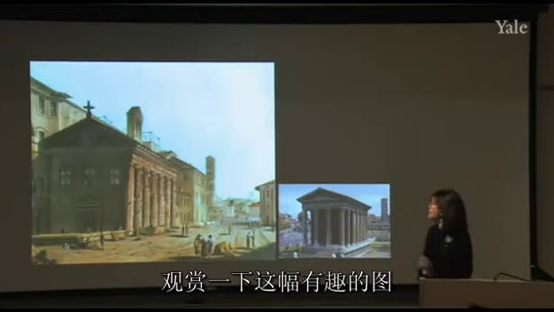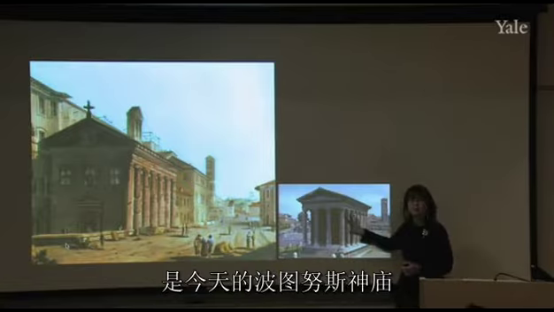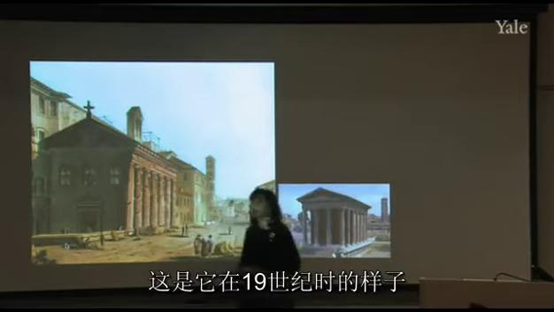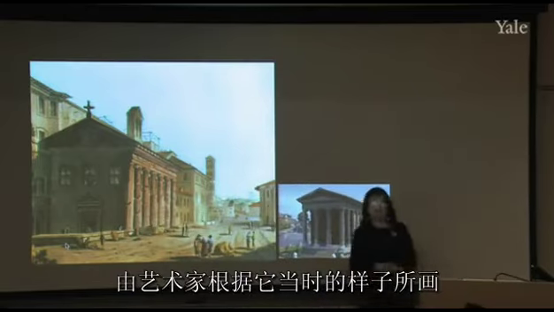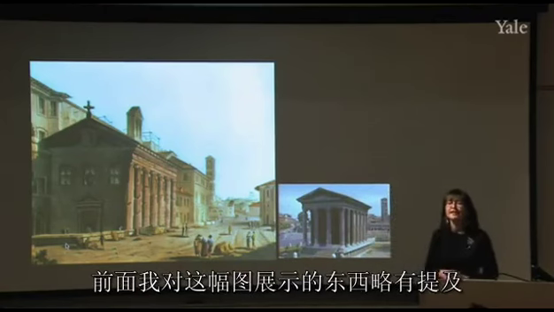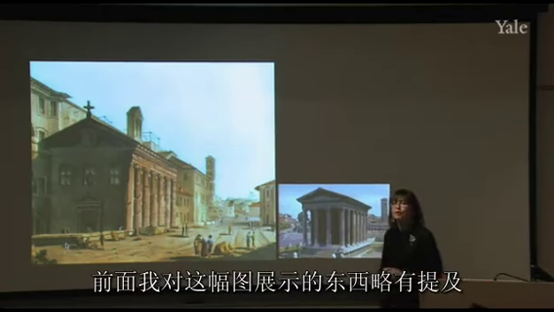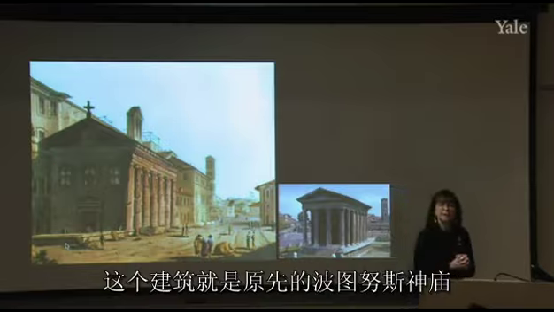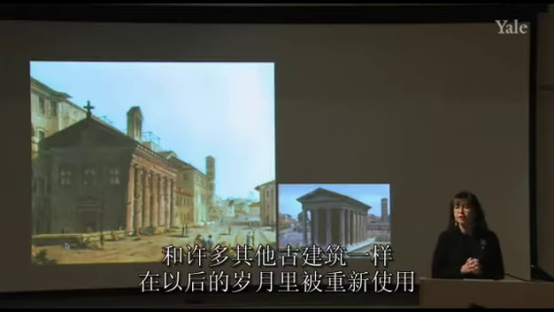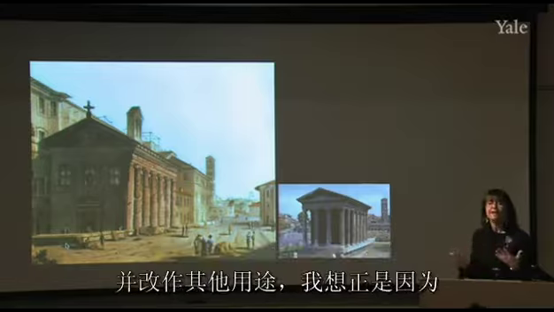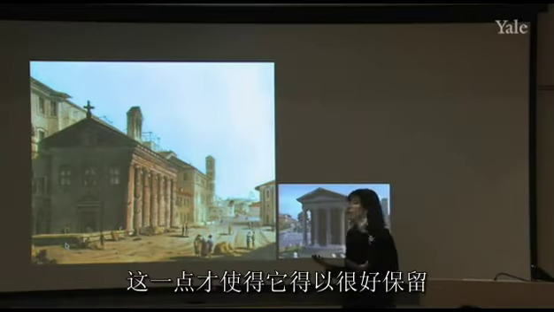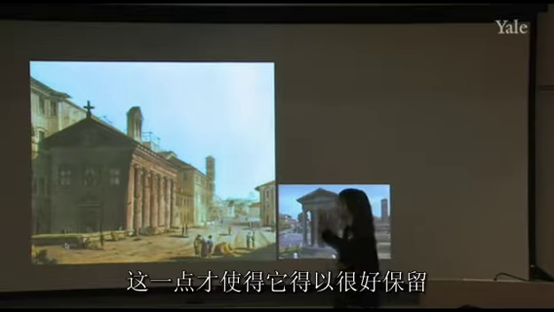Here's a view again of the Temple of Portunus as it looks today. This is a 19th century painting of the temple as it looked at the time the artist painted it. What you see is something I have already alluded to, which is extremely important for the preservation of buildings like this: the Temple of Portunus, like so many in Rome, was reused in later times and transformed into something else, and it is probably only because of that that it survived as well as it did.